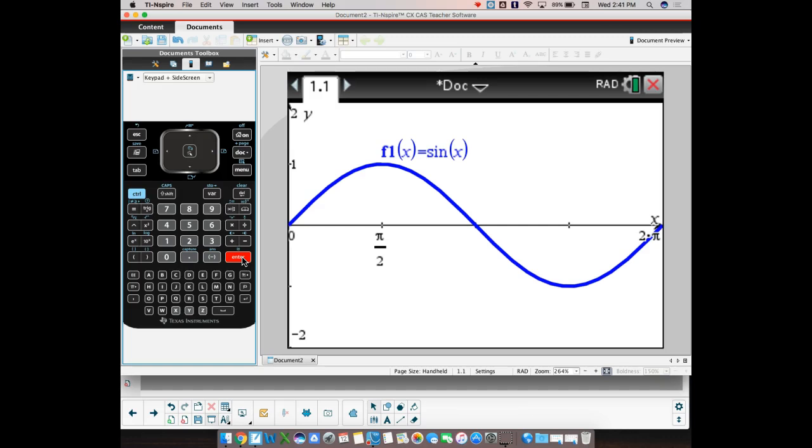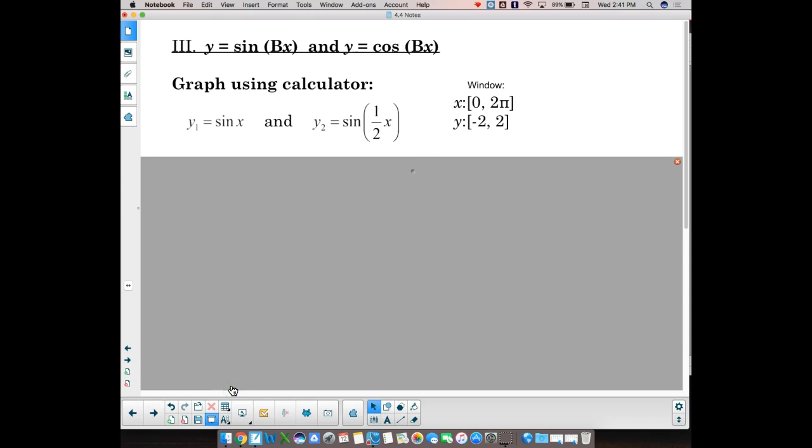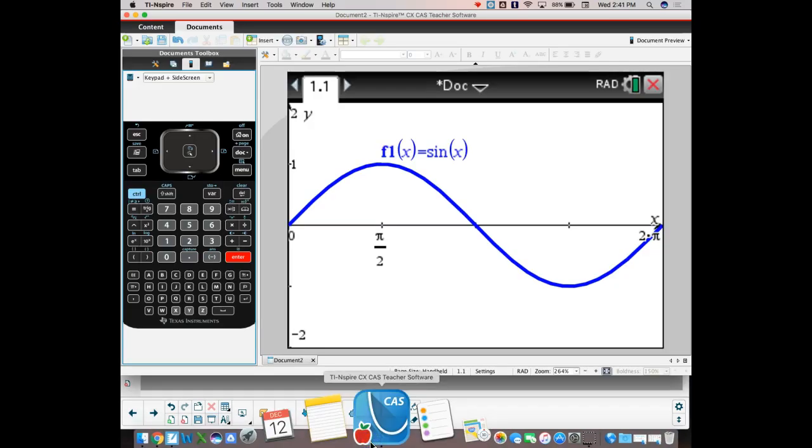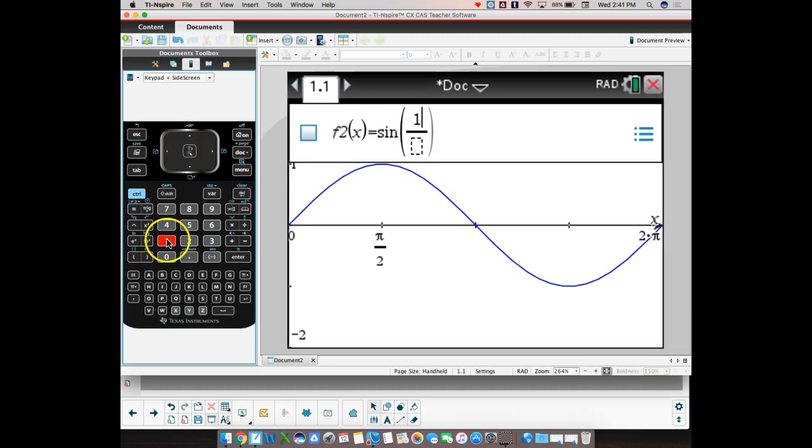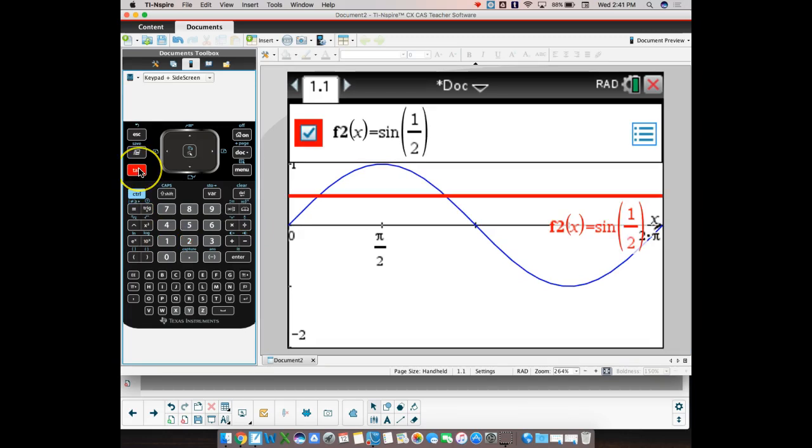Okay? The second function that I'd like you to put in is sine of 1/2 x. So you're going to tab and go sine of 1/2 x.